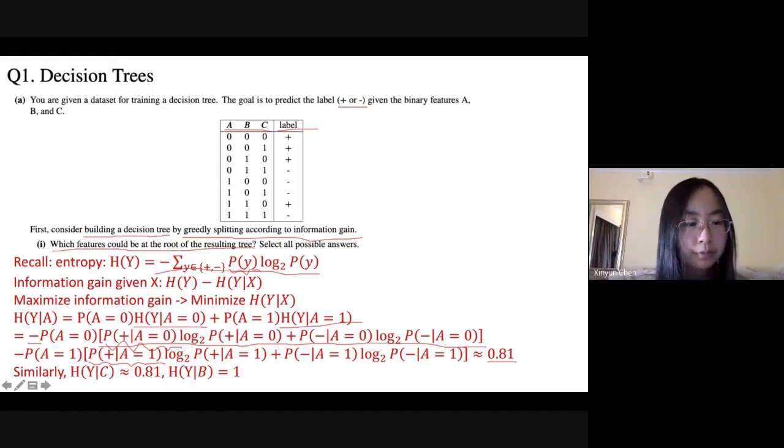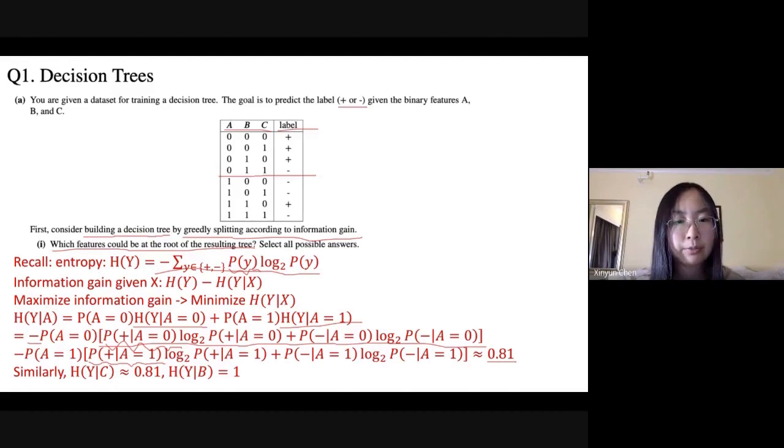Then here is the reason. Suppose we are going to split at A first. If we take a look at all the points with A equals to 0, there is a 0.75 probability that the label will be plus, and a 0.25 probability that the label will be minus.